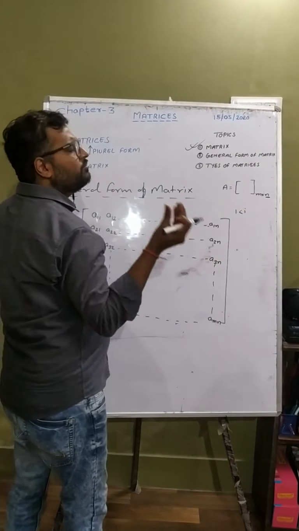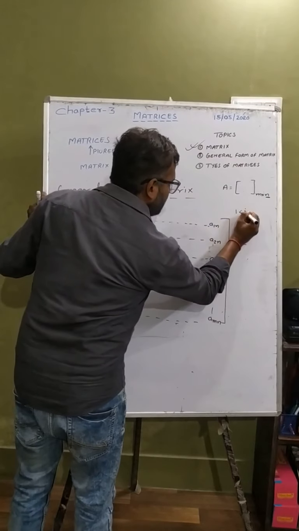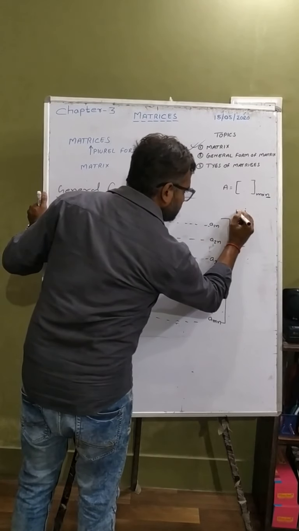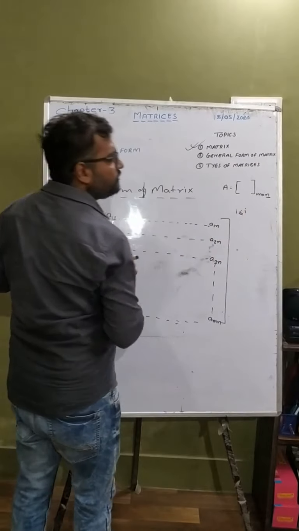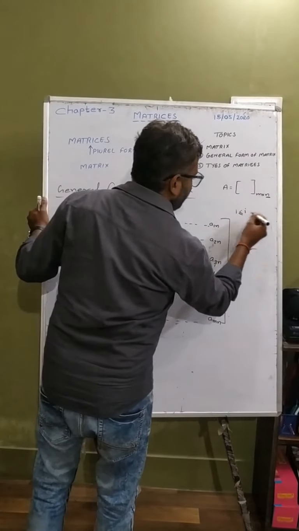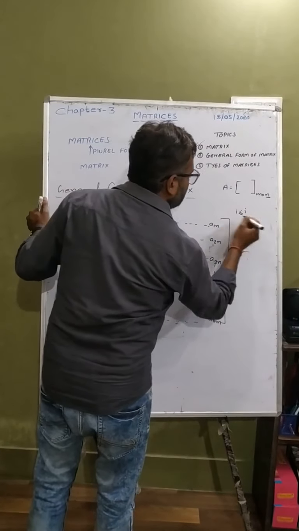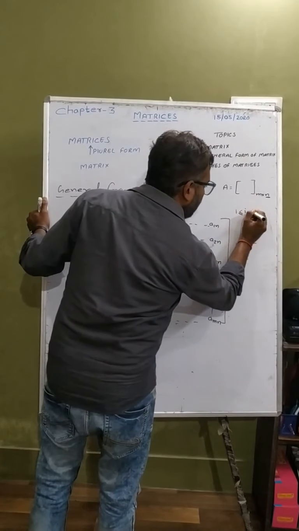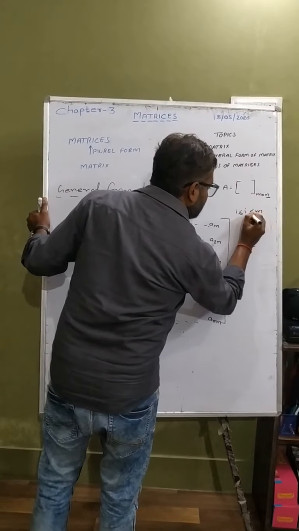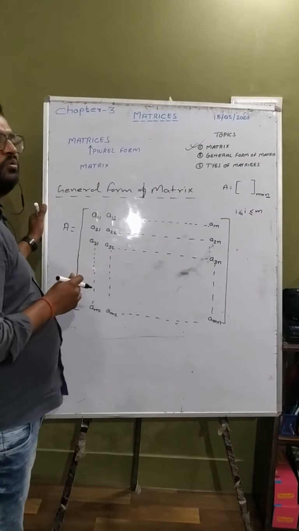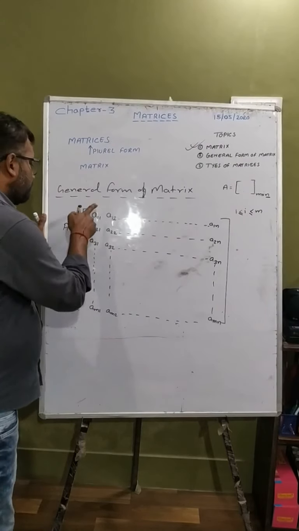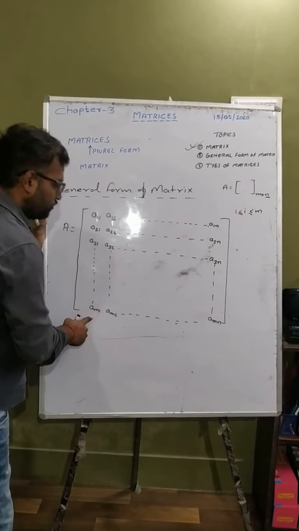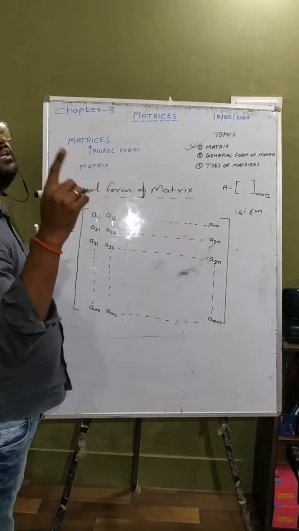Just taking a term here, i can be 1, it means the first row, or i can be greater than 1 or equal to 1, or smaller than m or equal to m. It means from the first row to the mth row, we have taken an ith row.